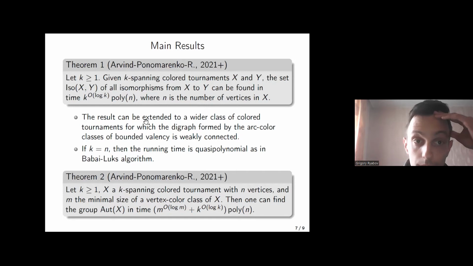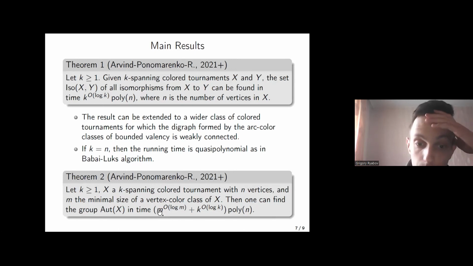In fact, we derive theorem 1 from theorem 2. Let us formulate it. Again, let k be an integer, X a k-spanning color tournament with n vertices, and M the minimal size of a vertex color class of X. Then one can find the automorphism group of X in such time.